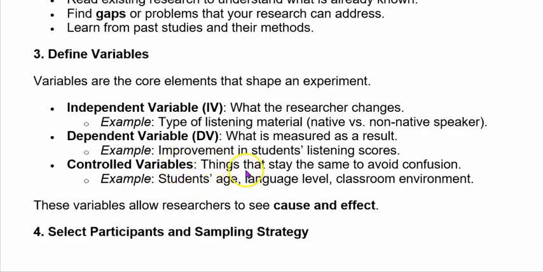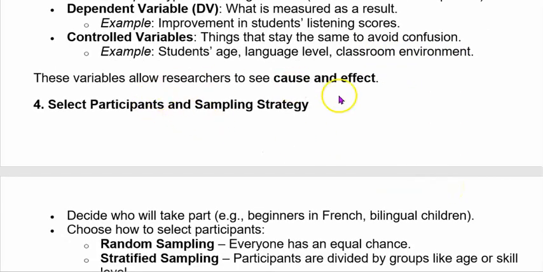Controlled variables, things that stay the same to avoid confusion. Example, students' age, language level, classroom environment. These variables allow researchers to see cause and effect.